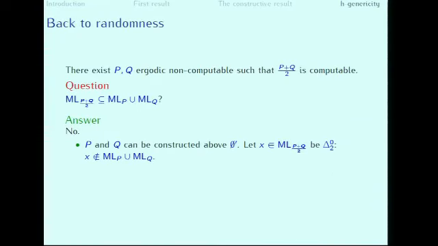Now let's come back to the initial question about ergodic measures. There was this question that if you take two ergodic measures P and Q, if a point is random with respect to the average, is it random with respect to one of the measures?